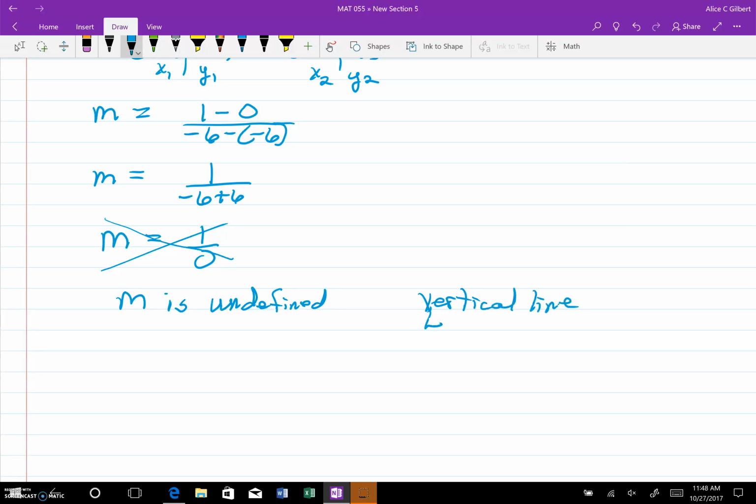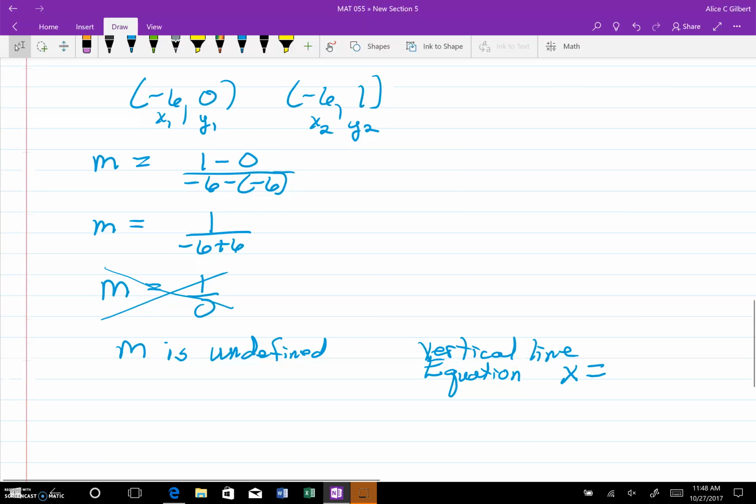And the equation for a vertical line is going to be x equals some number. Well, guess what? What is our x coordinate here? Well, it's the same. So x equals negative 6.